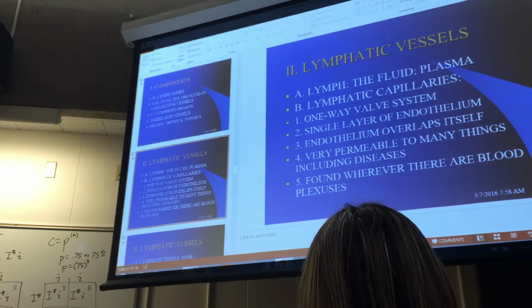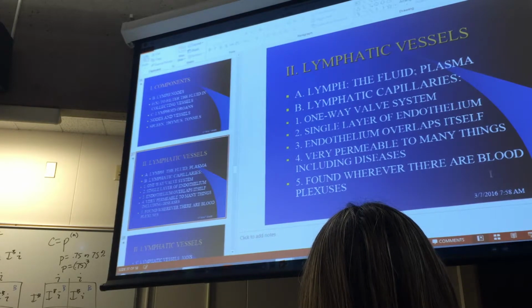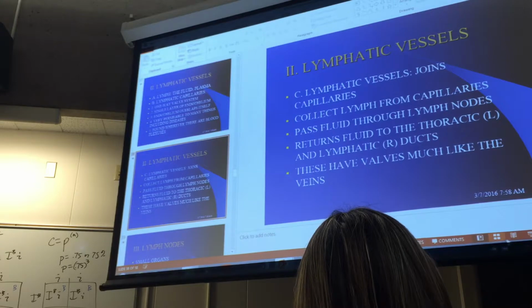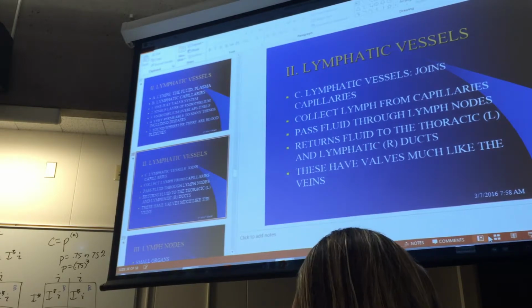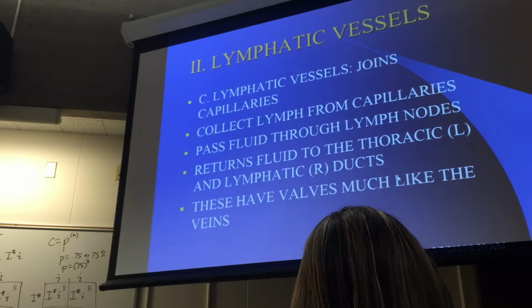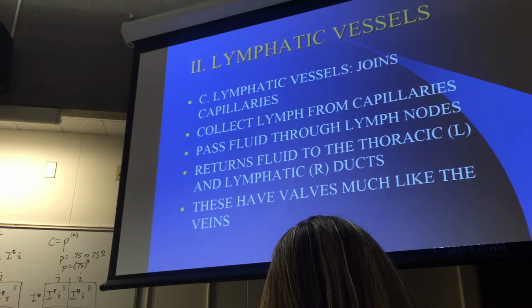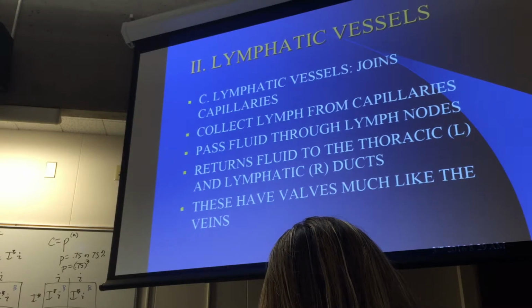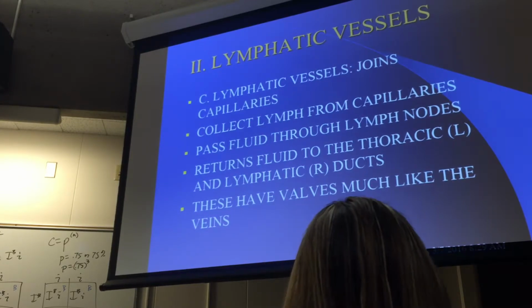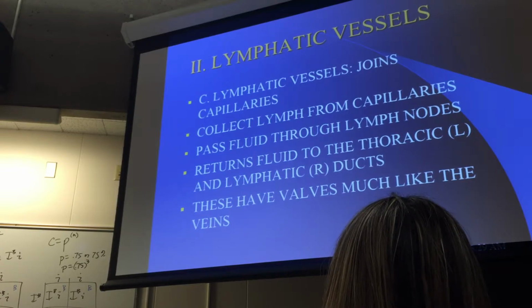So, we have lymphatic capillaries wherever we have venous capillaries. Other things to know? Lymphatic vessels will all join together, and we're eventually going to return this lymph through two ducts, the thoracic and the lymphatic ducts, which are going to dump the lymph back into blood circulation in the venous system up toward the heart.